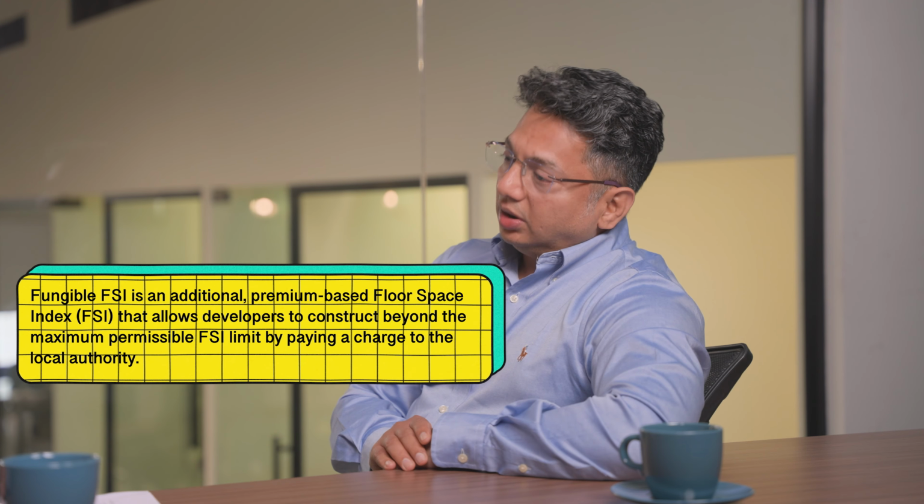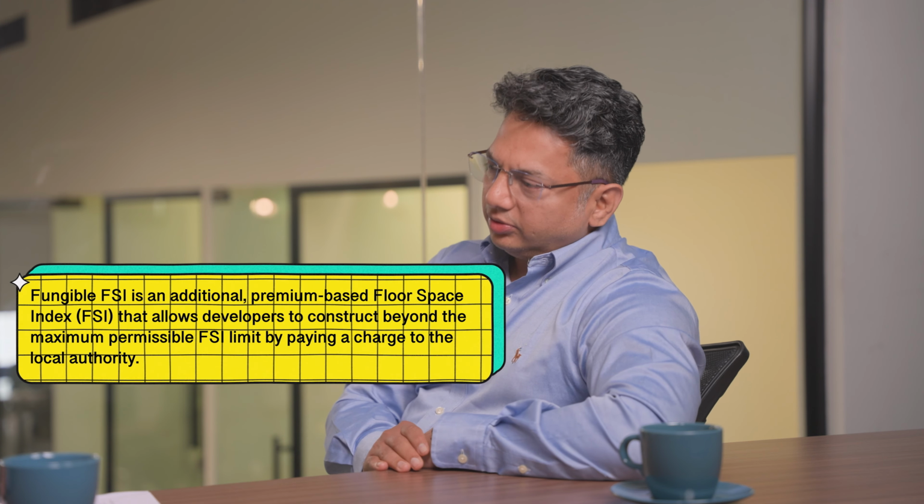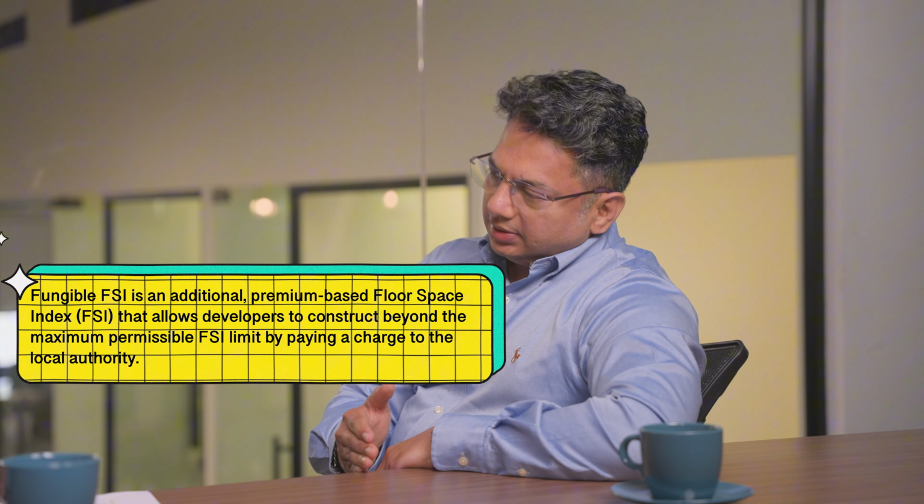Earlier they used to allow flower bed balconies and all, which has been eliminated, and they have introduced something called fungible, which belongs to the rehab component and to the individual flat, respective flats. So that is the FSI which earlier maybe the developers were exploiting and it was sold, and now this is clearly going to the owners.